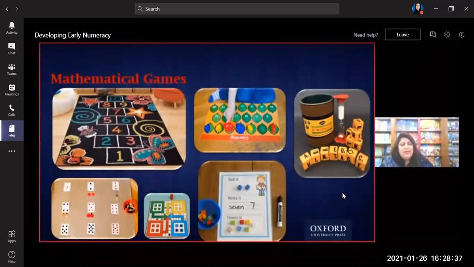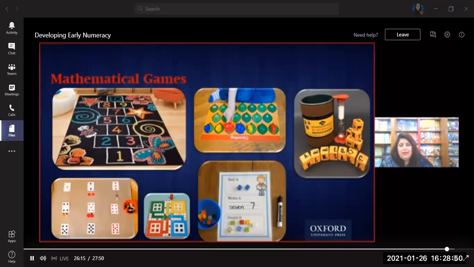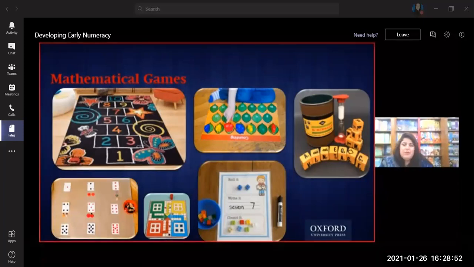So here we can see that there is a mat in which there are numbers, and then there are activities of counting, and then we have this alphabet game which also has scores written on them. So if you make small 3-letter words, then you get a score of a certain number, and the highest number would be the winner.